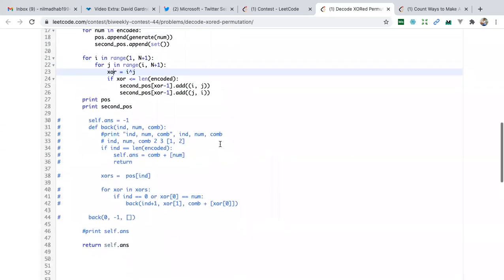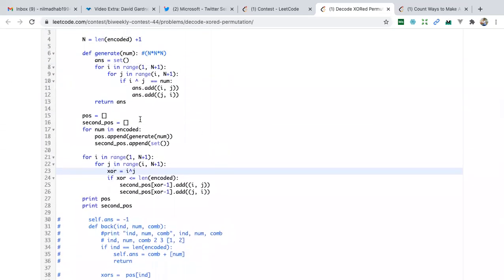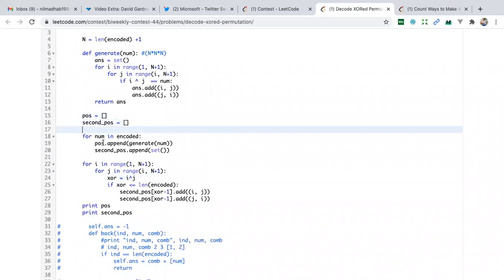No. Can you figure out what is wrong? So for number in the encoded, position append. We're generating all the combinations which can give the XOR, right? Like answer equal to set, for i in the range of 1 to n plus 1, j in the range of 1 to n plus 1.